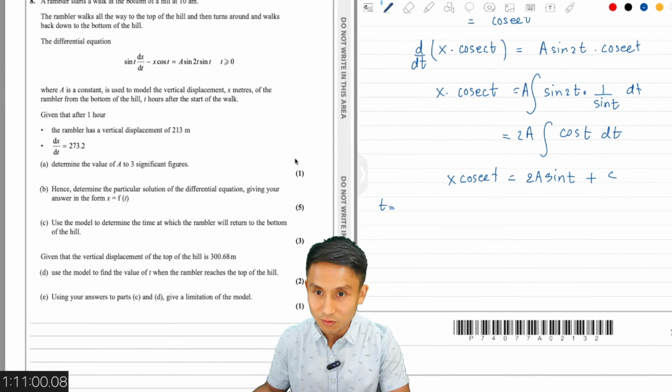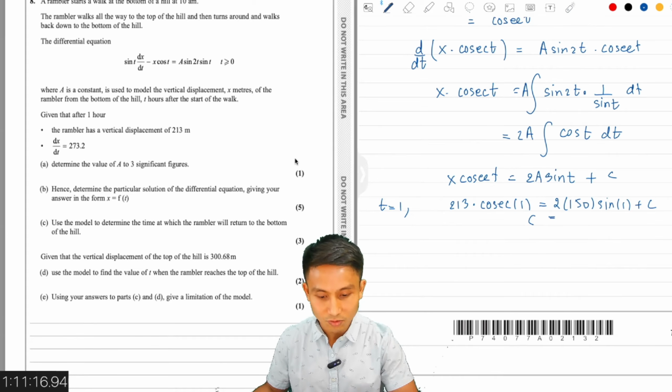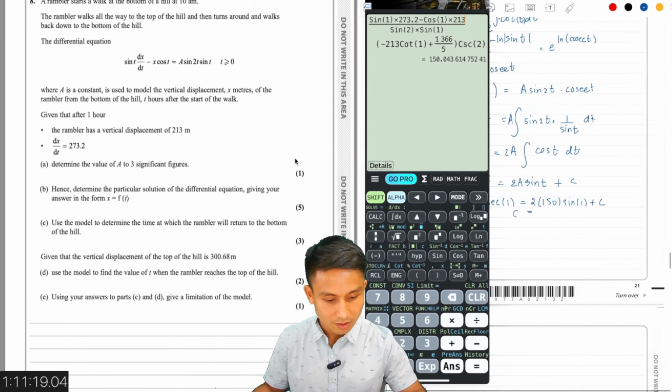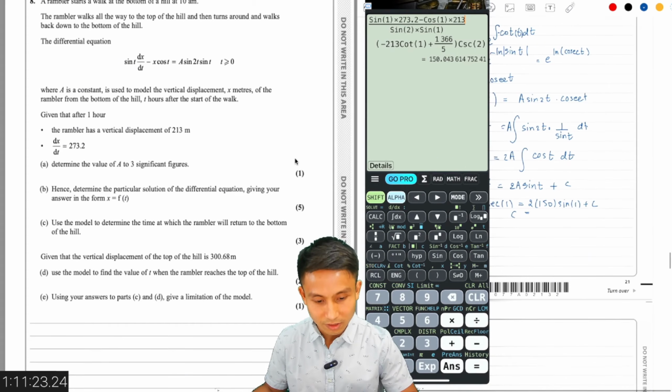So if t equals 1, x would be 213, so 213 cosec 1 equals 2 times 150. I'm going to make 150 sine 1 plus c. So c equals just 213 times cosec 1.